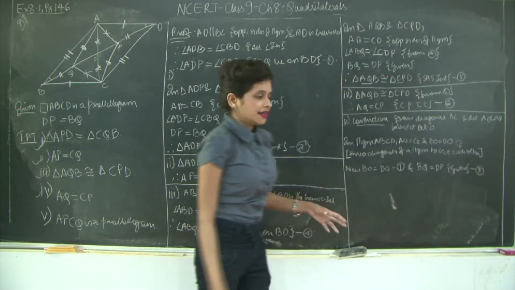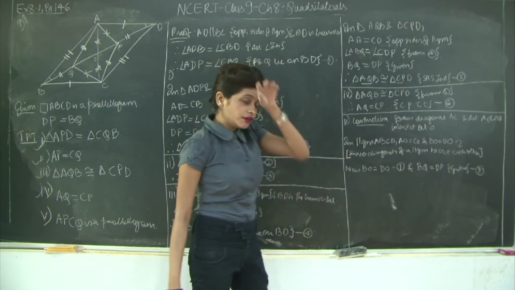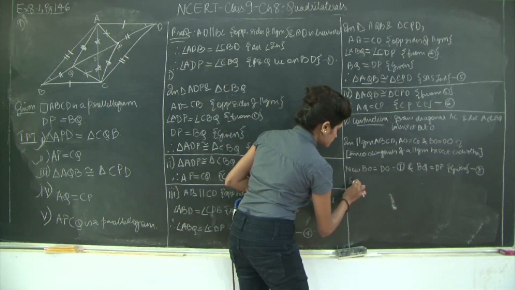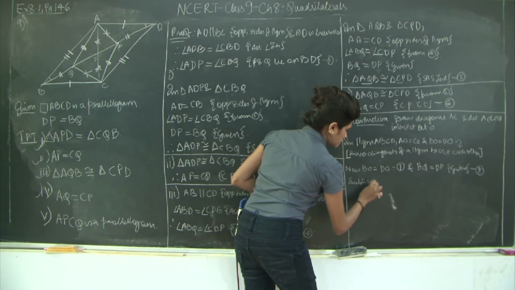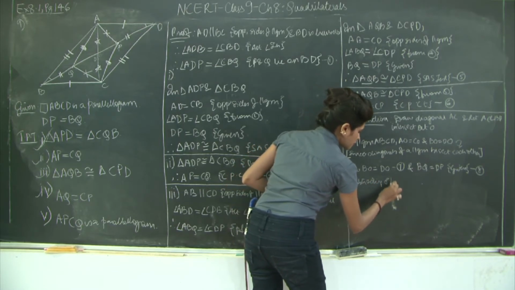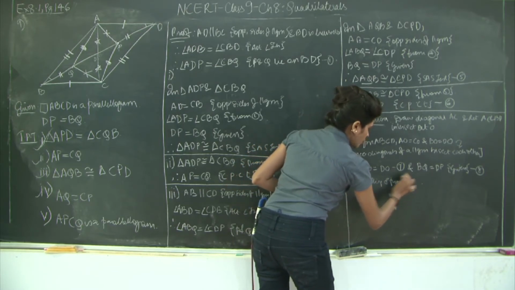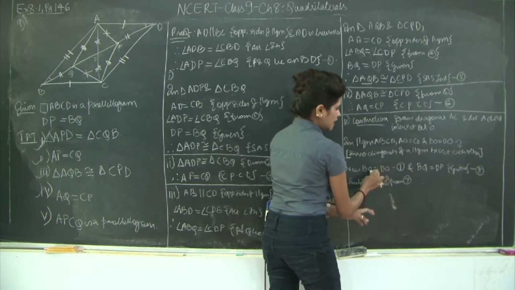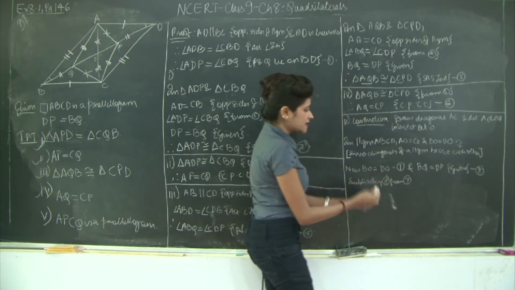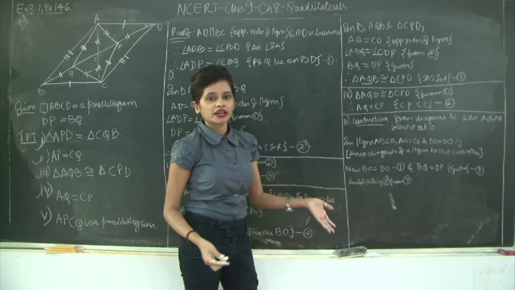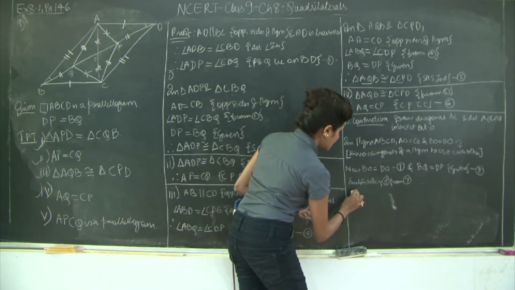So I'll say subtracting 8 from 7, when equals are subtracted from equals, I have my remainders as equal. What do I get?